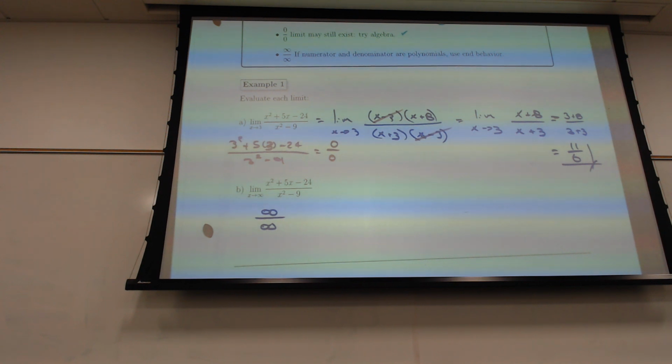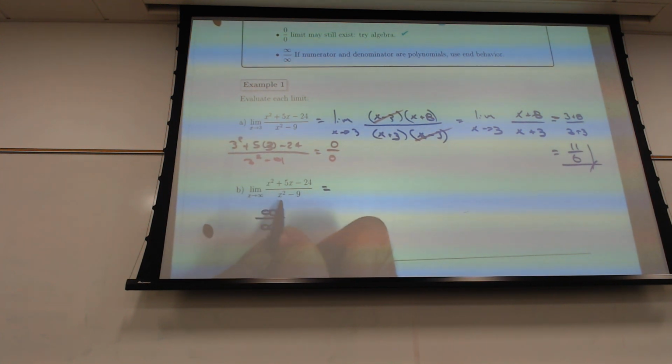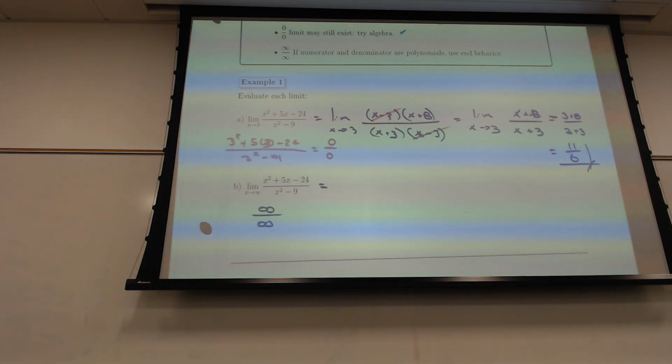And so in Calc 2, since you already did that, I would do what we call, again, end behavior, and only focus on the leading terms. Because it is actually the leading terms of the polynomials that determine the value of that expression, the ones that contribute most to the value. So really, the 5x minus 24 for large values are not really going to contribute a lot.